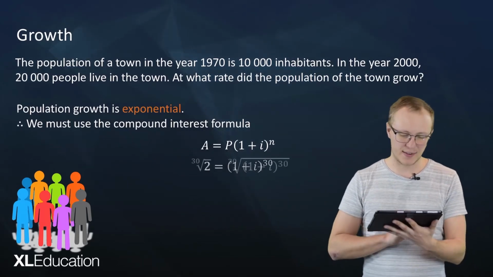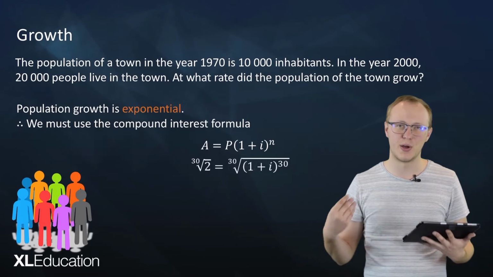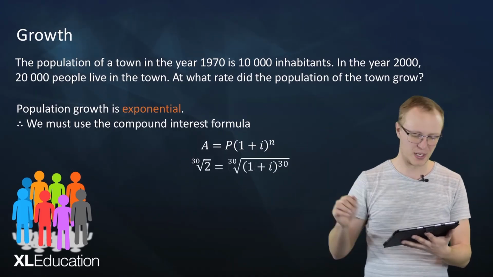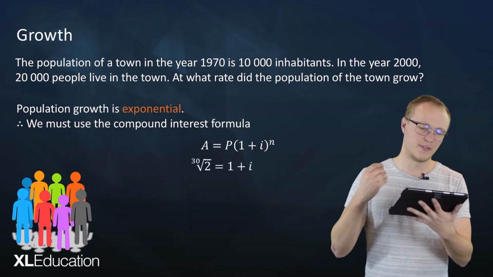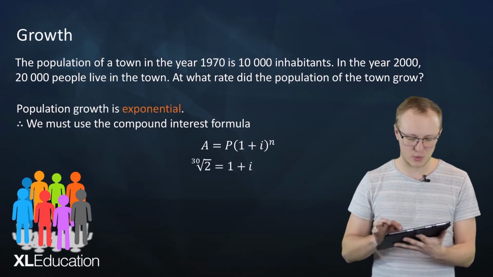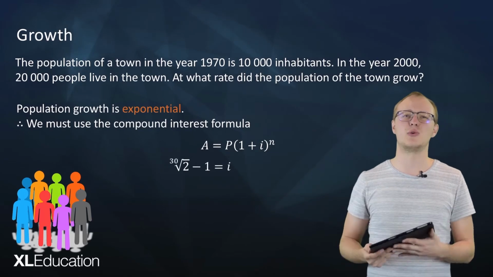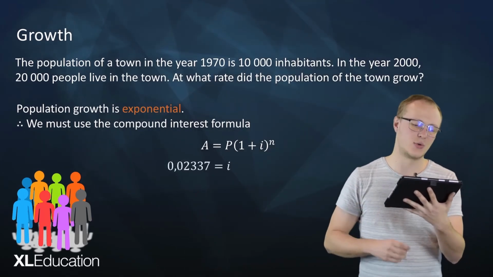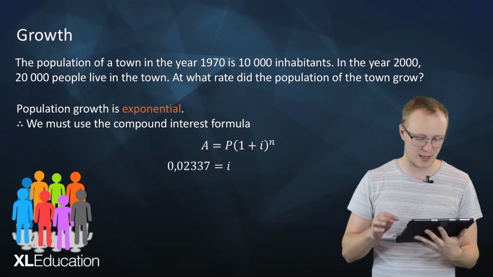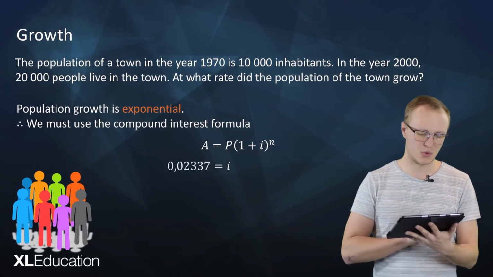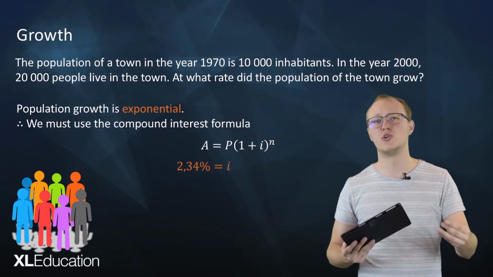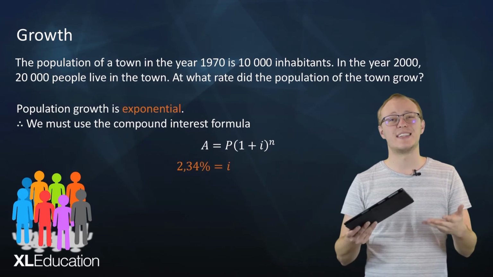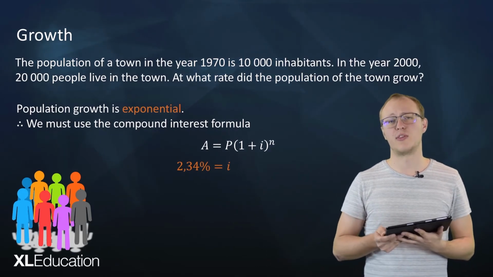Then we've got to take the 30th root of both sides in order to get the power of 30 away from the 1 + i. So then we get the 30th root of 2 is equal to 1 + i, and then i is equal to the 30th root of 2 minus 1, and we get that i equals 0,02337, and to turn that into a percentage, we multiply by 100, and that's 2,34%. So the population grew at a compound rate of 2,34%.